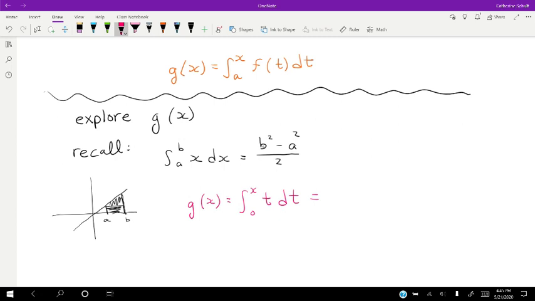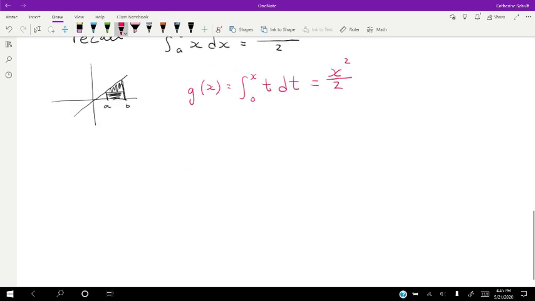So it's going to be x squared divided by 2. All right, so just substituting into that formula. And then, of course, we can picture that on a graph. So this is the function f of t equals t.